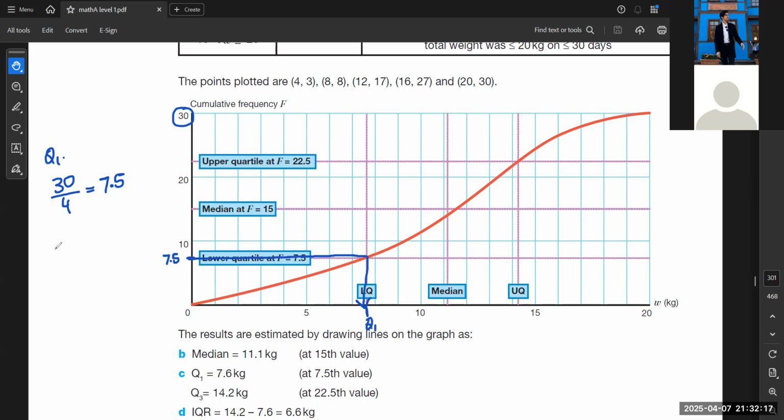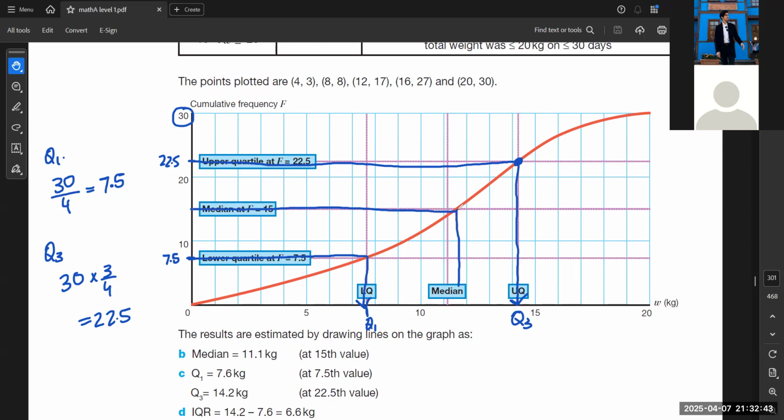Okay. For the upper quartile, check what 30 times 3 over 4 is, because you want to find the 3 quarters now, 75%, which will give you 22.5. Check 22.5 on your y-axis, find the position on the graph, trace the weight, trace the class value. That is your upper quartile. And similarly for median, just divide by 2, trace that, and check the value, and that's it.